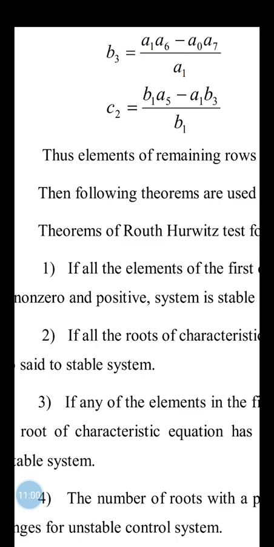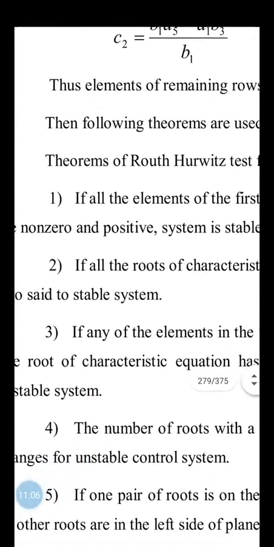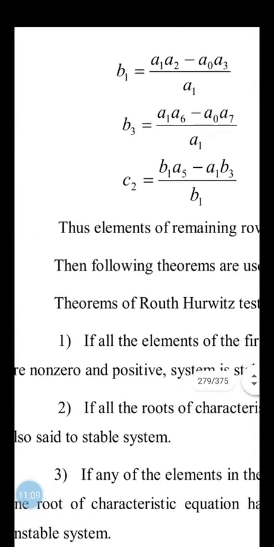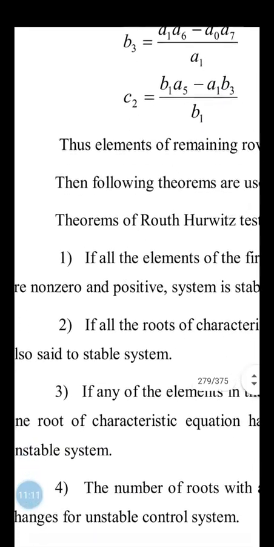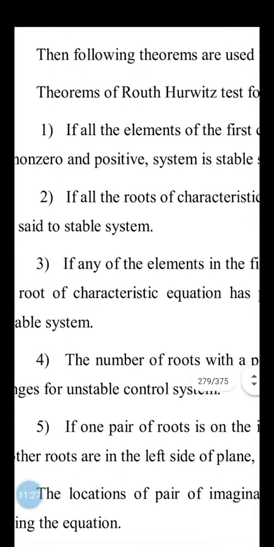Now the following theorems are used to determine the stability of the system. What are the different theorems? The theorem of the Routh-Hurwitz test is: if all the elements of the first column of the Routh array, that means a0, a1, B1, C1, D1, E1 and F1, are non-zero and positive, the system is said to be stable.